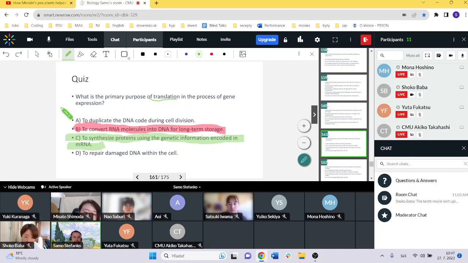To duplicate DNA code during cell division, how do we call or what is the name of this process? Replication. Perfect. Replication, not translation.